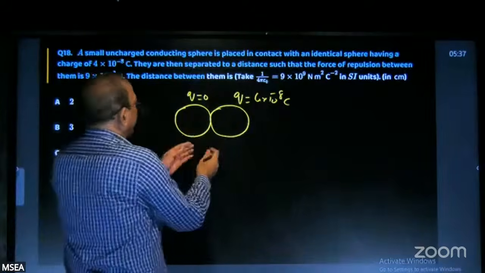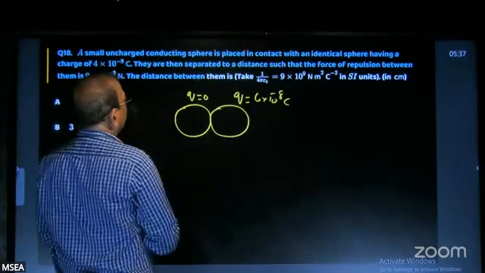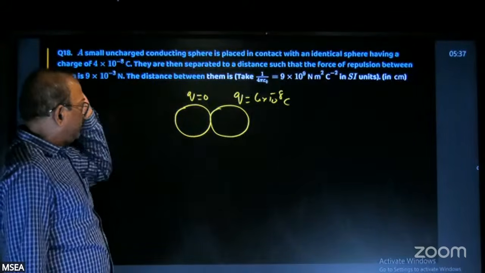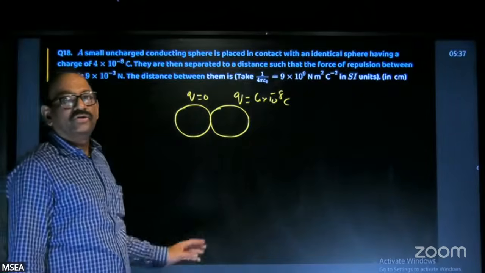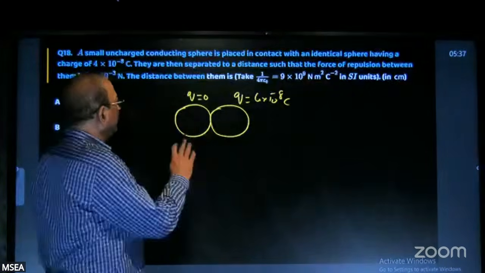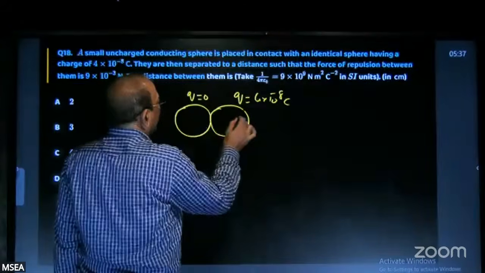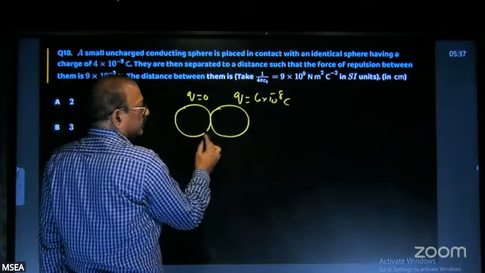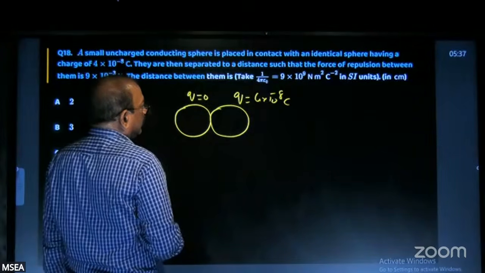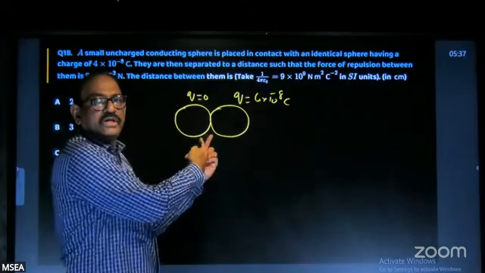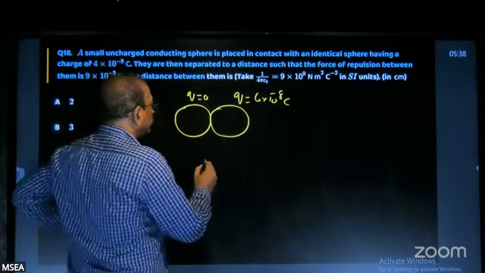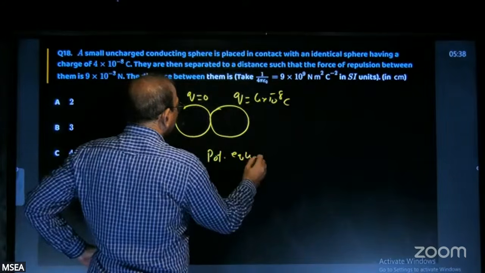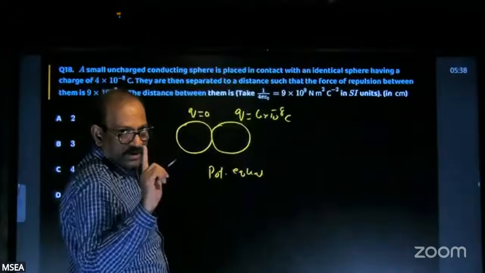They are brought in contact, uncharged sphere and charged sphere, and then separated. In this case, when you bring them in contact, conduction takes place. During that conduction process, whatever total charge is there is redistributed among them till their potentials become equal. Charge transfer takes place during conduction.